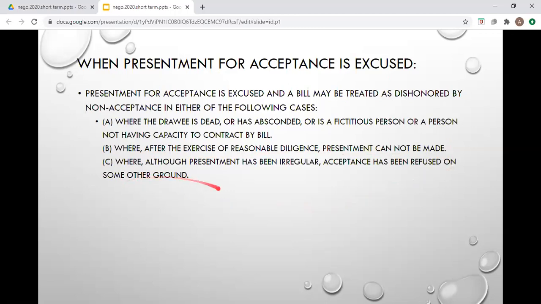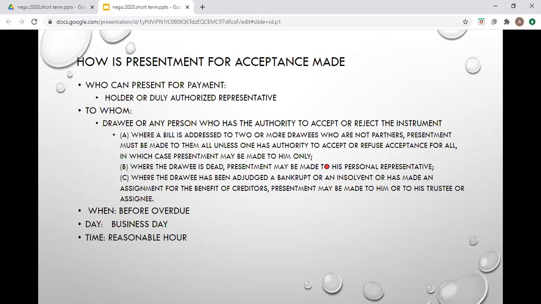And then the third one, where although presentment has been irregular, acceptance is refused on some other ground. Ano yung ibig sabihin na irregular? Presentment is regular if you have complied with ito. Who, to whom, when, day, and time. That's regular. But if you did not comply with all of these, then that's the time that presentment is said to be irregular.